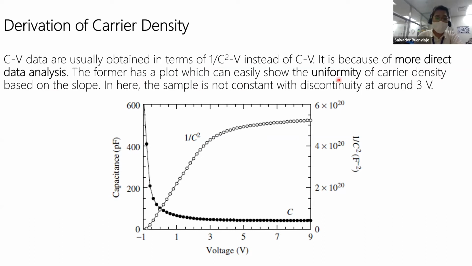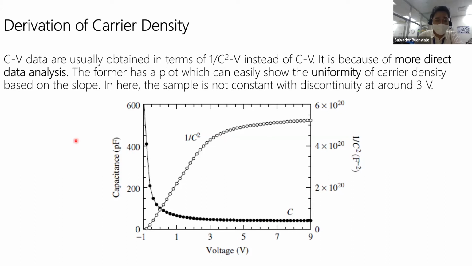The former plot, the 1 over C squared versus V, can easily show the uniformity of the carrier density based on the slope. So as you can see here, this is the 1 over C squared. You can easily see here the linearity of the function. Then there is a discontinuity around 3 volts. So here, the linearity is not followed anymore.